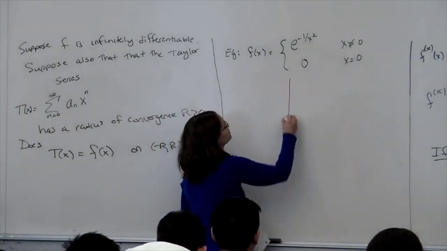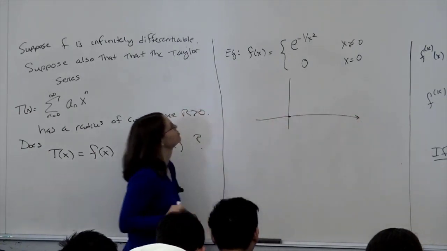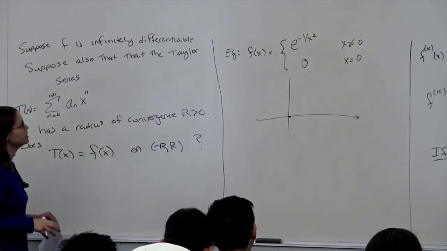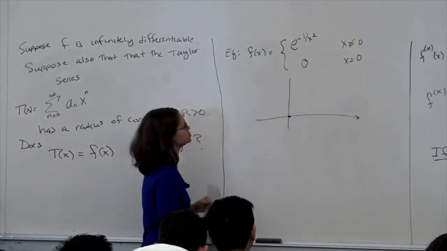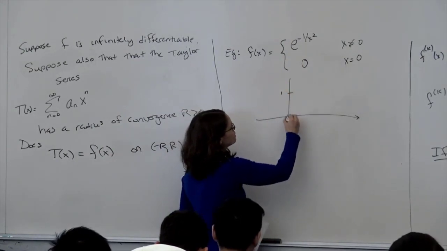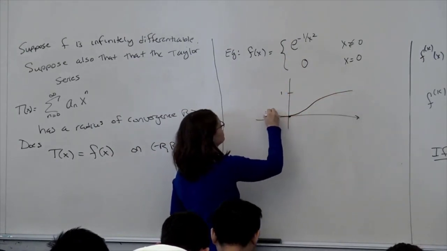Okay, so we have some function that is 0 here. As x goes off to infinity, it approaches e to the 0, which is 1. It's going to do something like this.